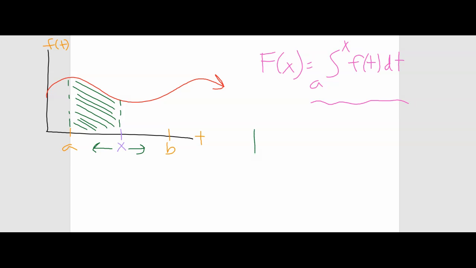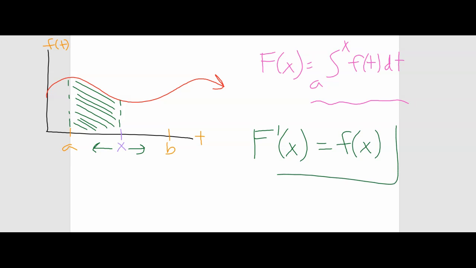If I want to take the derivative of this function, which would essentially mean how the area underneath the curve is changing at a certain x value, is the area under the curve decreasing? Is it increasing, etc.? Well, that rate of change in area is going to just be equal to the value of the function at that x value.